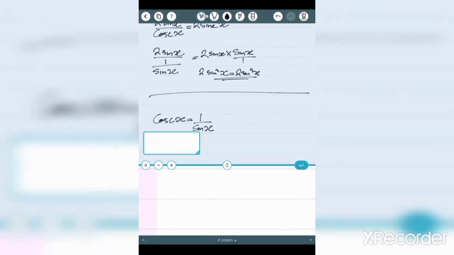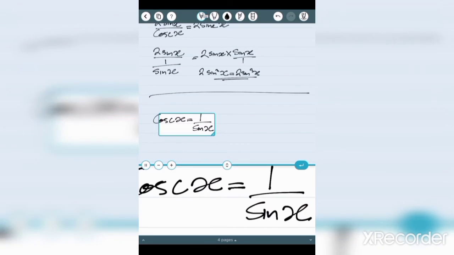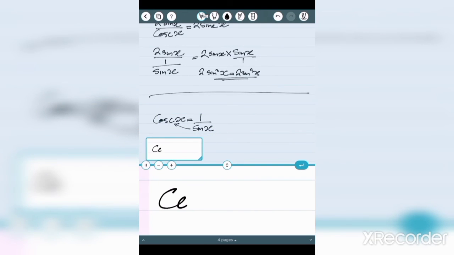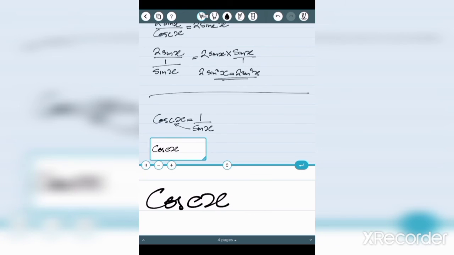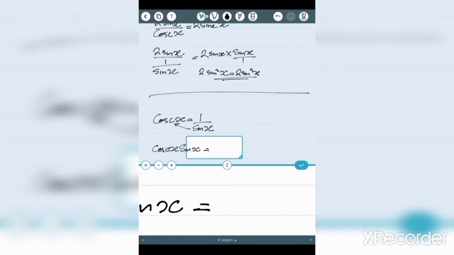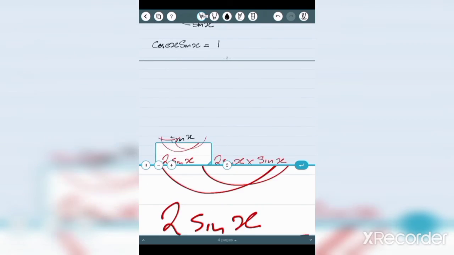Now, when we cross multiply, it will give us cosec x sine x is equal to 1.